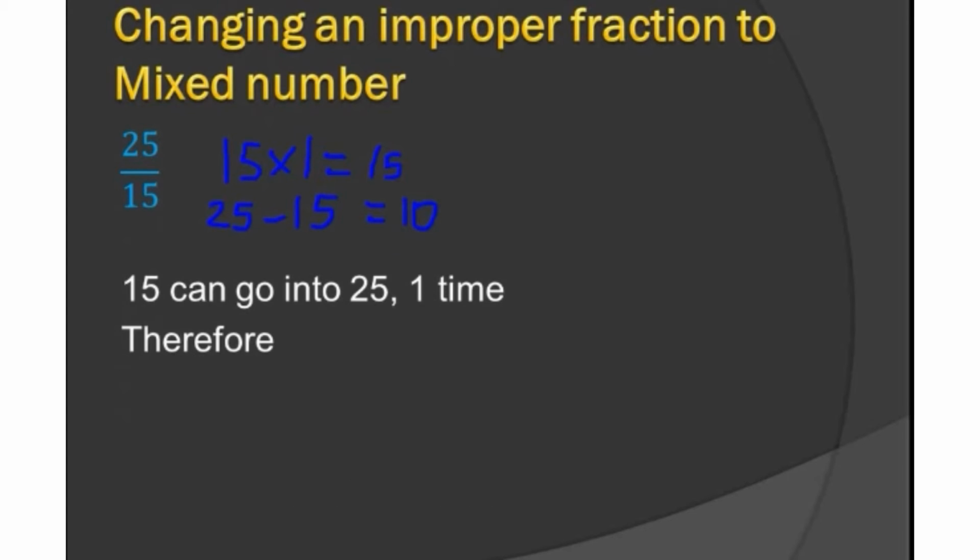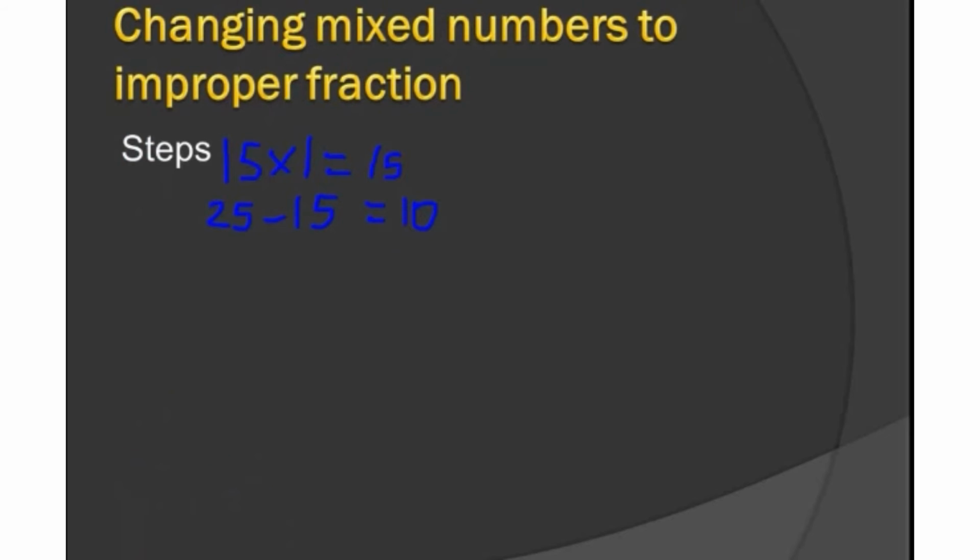So 15 goes into 25 one time. Therefore, your answer is 1 and 10 over 15, and this can be simplified to 1 and 2/3, because 5 can go into 10 2 times and 5 can go into 15 3 times.